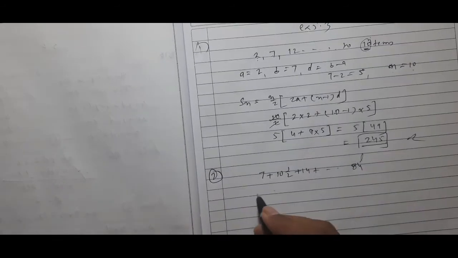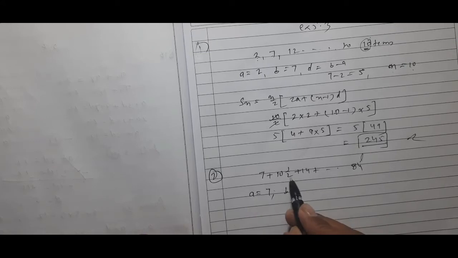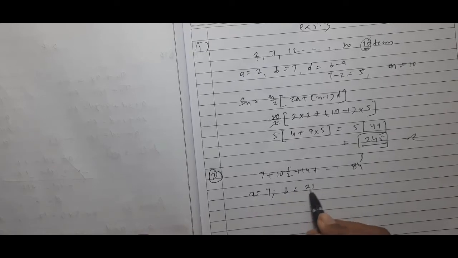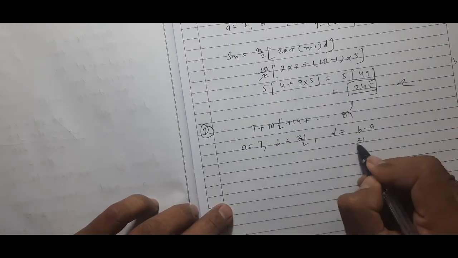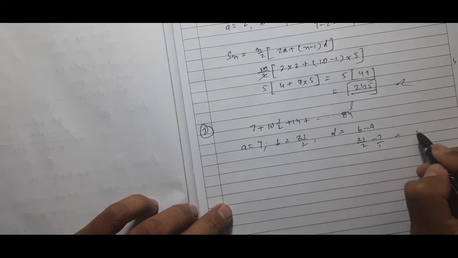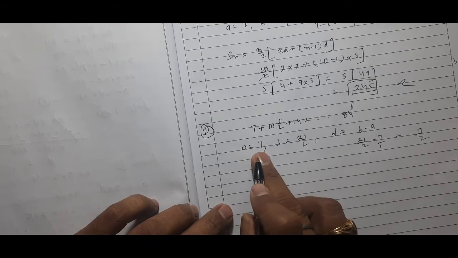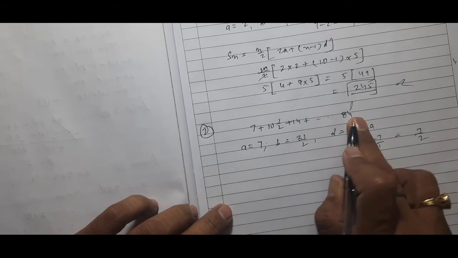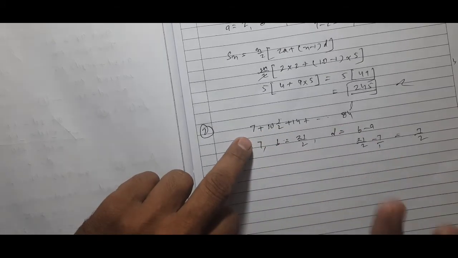Okay. So a equal to 7, b equal to 21 by 2. So d equal to b minus a, means 21 by 2 minus 7. So the answer is 7 by 2. So d value is 7 by 2, a value is 7 and L value is 84. First we have to find the value of n, means how many terms are there in this series.